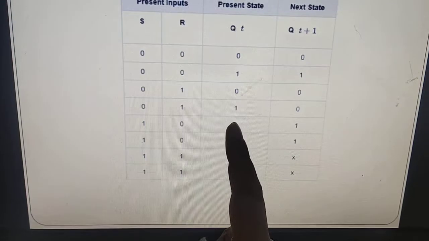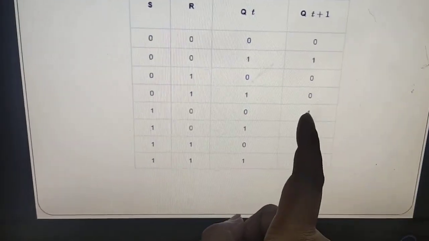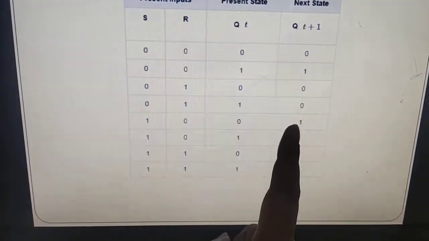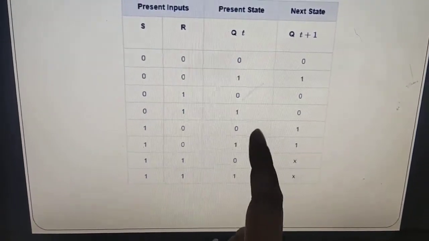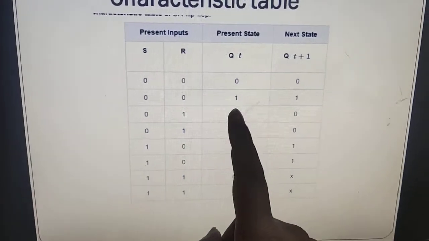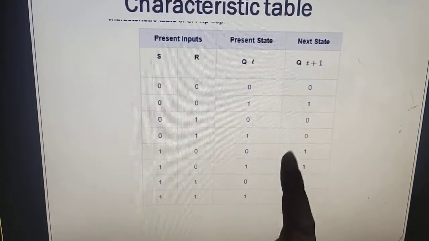We have to take the previous value. Here it is 0. There is a mistake here, so don't get confused. Whatever the value, S is equal to 0, R is equal to 1 means the next state becomes your present state. So this should be 0. Actually it should be like this. When you take changes, you have to make changes here.